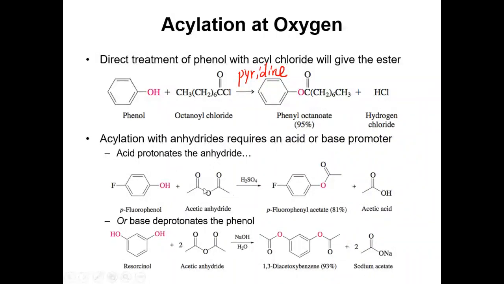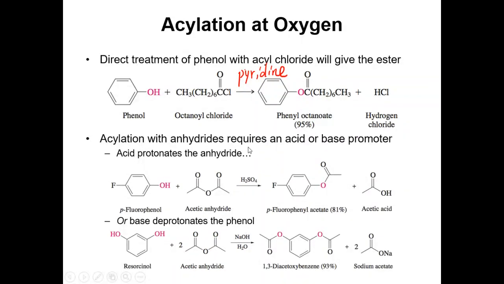Similarly, phenol can also react with anhydride. This reaction can be assisted by an acid, and we don't need to talk about mechanism here. Or the reaction can be assisted by a base, sodium hydroxide.